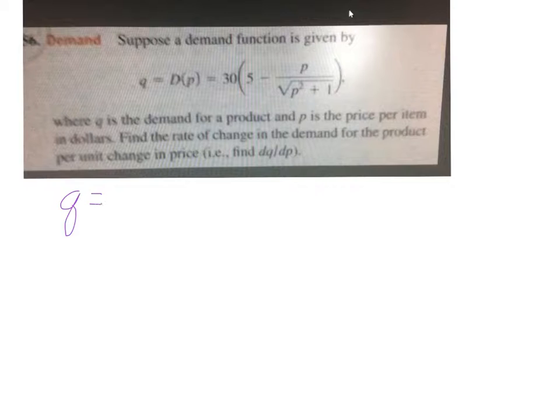We can simplify it a little bit by taking the 30 and multiplying it inside. And so we would get two separate terms like this. Now, if we're trying to find the dp dq, or dq dp, I guess it is, we would just be working with the second term here.